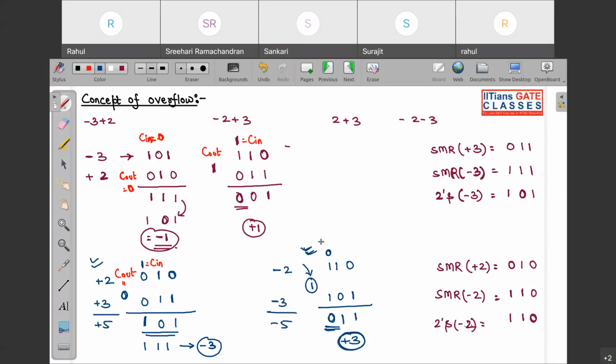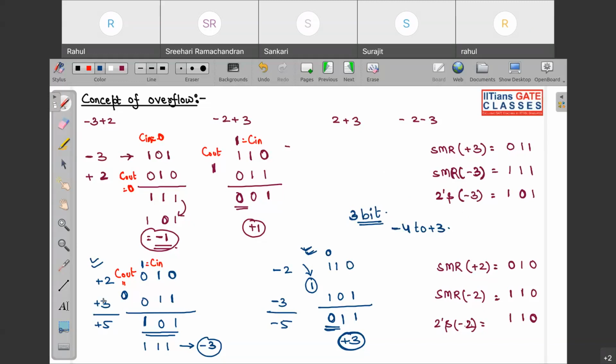Now why is this overflow occurring? Because with the help of 3 bits in 2's complement, I can represent numbers from -4 to +3. But look over here, what is happening?